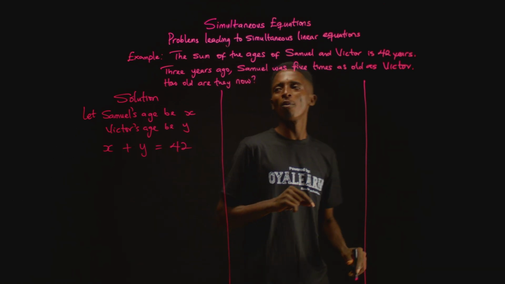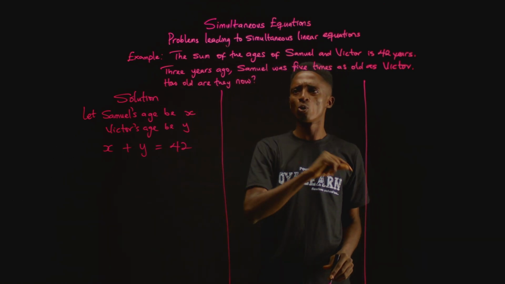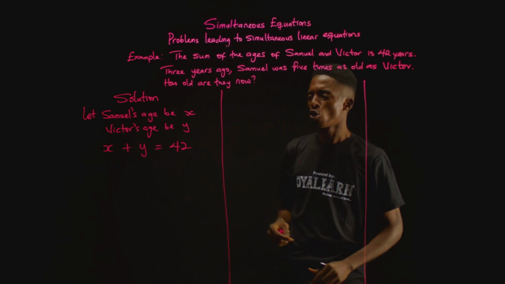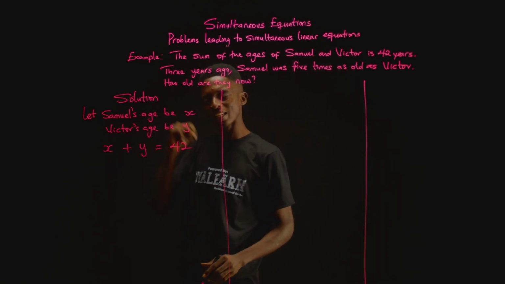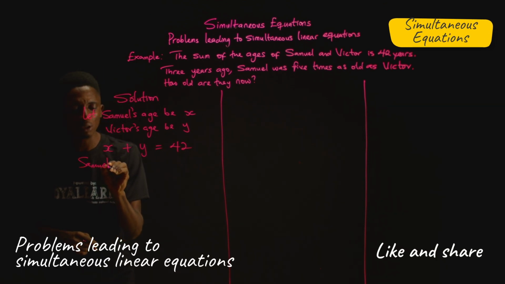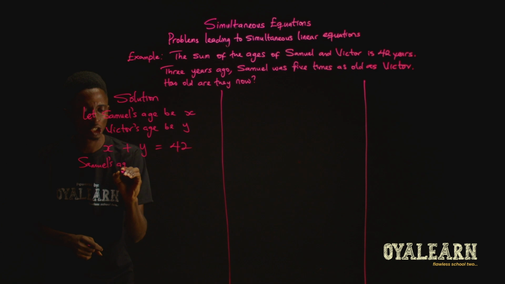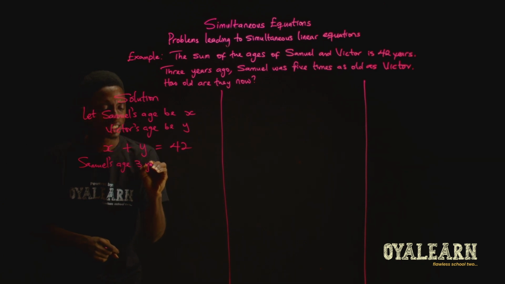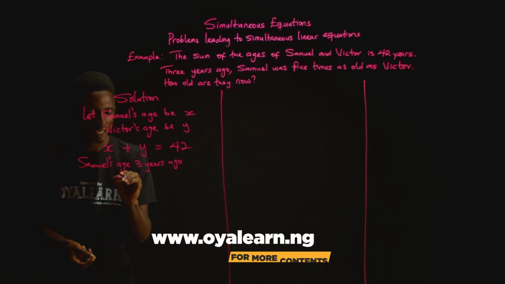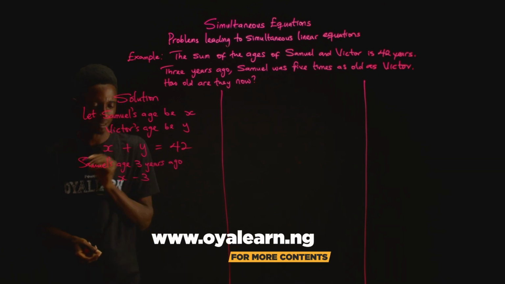Now, the next information is that 3 years ago, Samuel was 5 times as old as Victor. So let's first find their age 3 years ago. Samuel's age 3 years ago will be X minus 3.